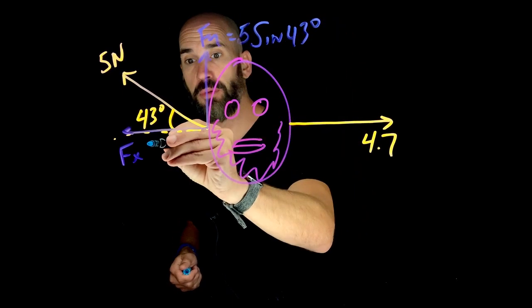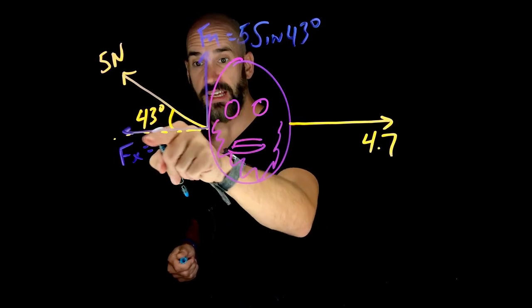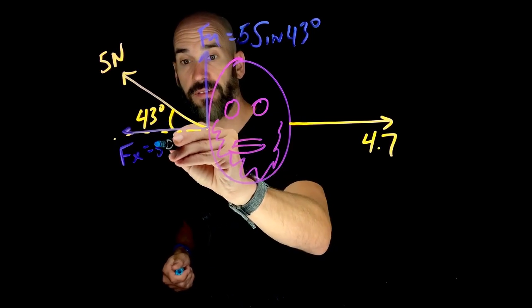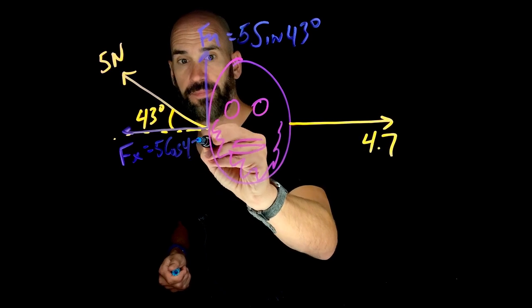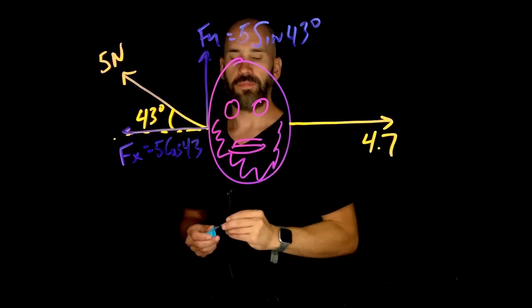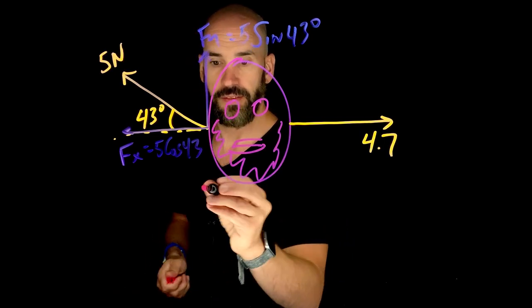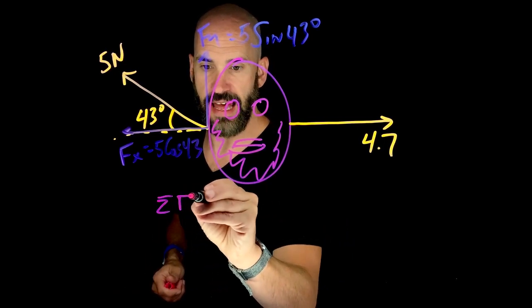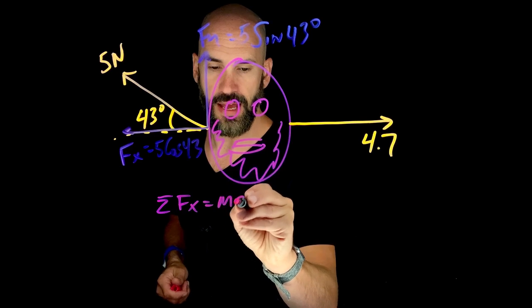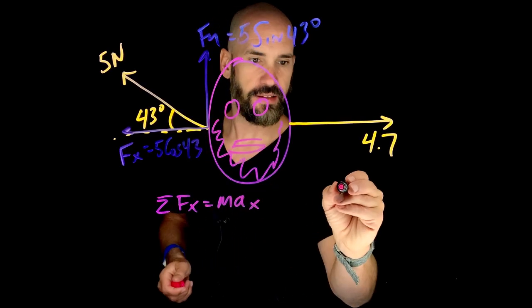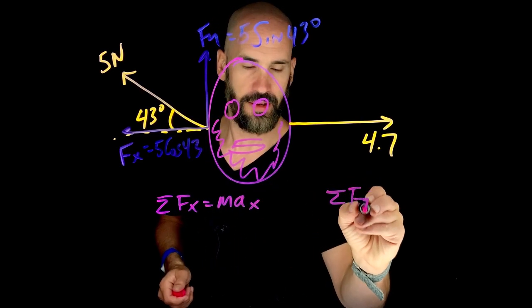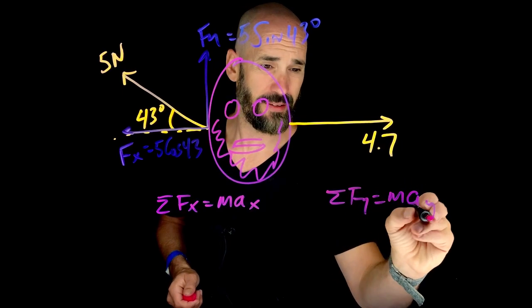The x component does touch the angle, so that's going to be 5 cos 43. So we say the sum of forces in x must equal m a_x, and the sum of the forces in y must equal m a_y.